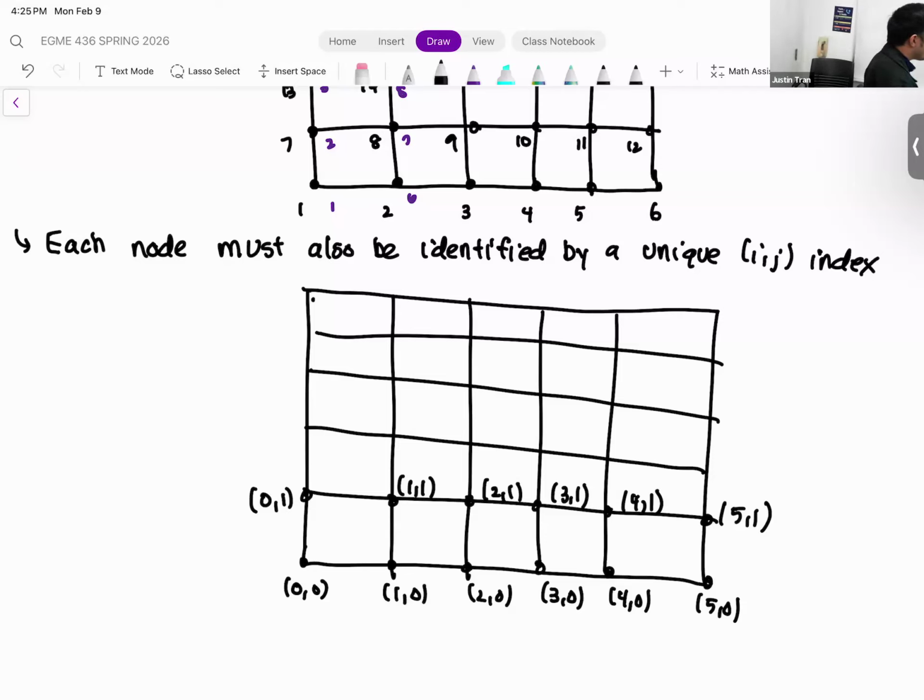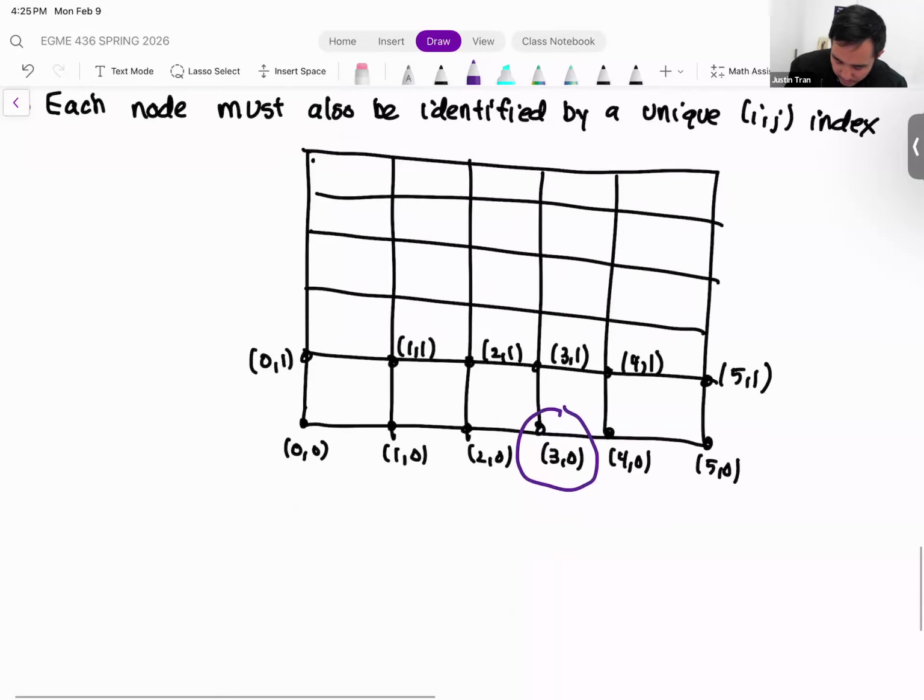And so on and so forth. The point of the IJ index, and you can see we're only going up by integers, is that it tells you how many nodes you traveled in that specific direction. For instance, if we look at this node right here, the IJ index for this one is 3, 0. This tells us the location of this node in the grid is that this is the third node in the X direction.